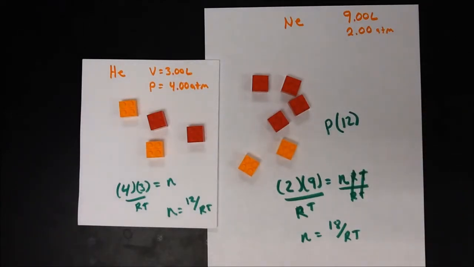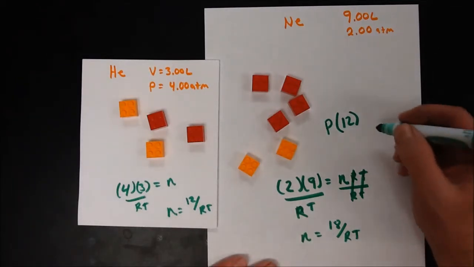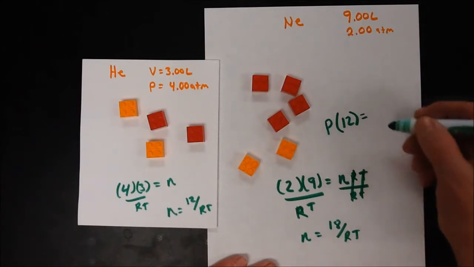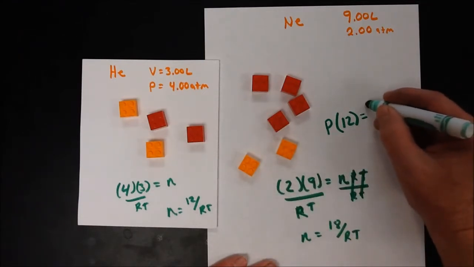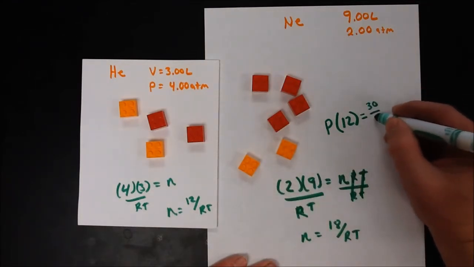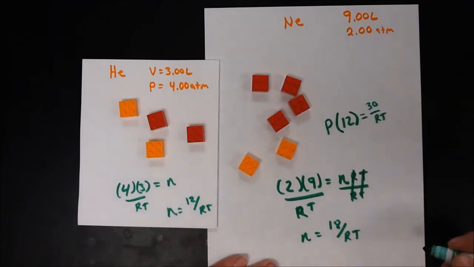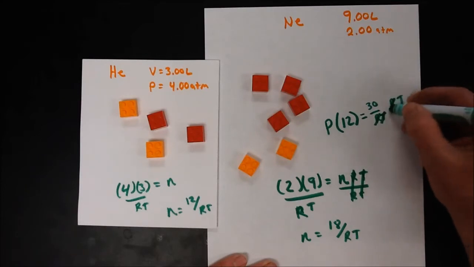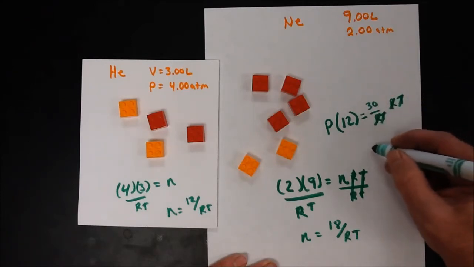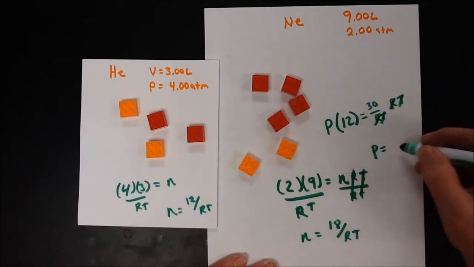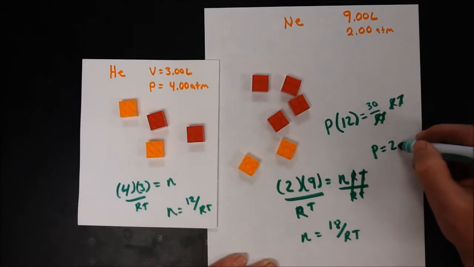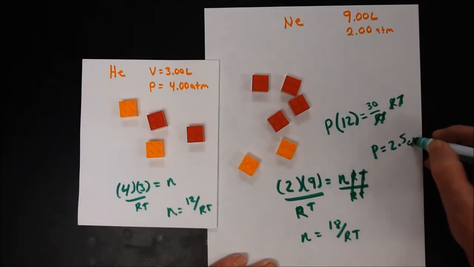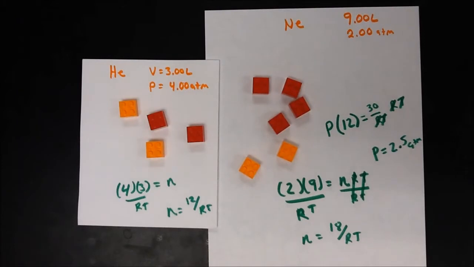What I had for n was 12/RT and 18/RT, so I'm going to add those two up together, and I'm going to get 30/RT, that's my n value, times RT. So these are going to cancel out, and I'm going to get here that the total pressure is equal to 2.5 atmospheres when I combine these.